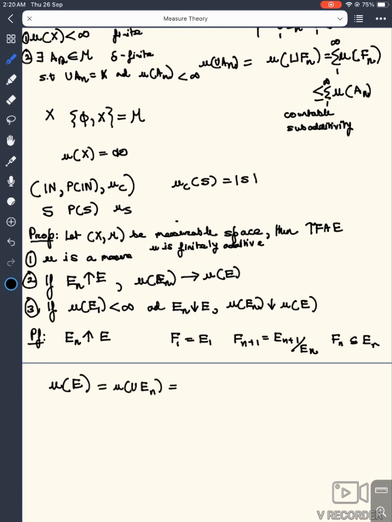So mu of E is equal to mu of union E_n, which equals mu of the disjoint union of F_n, which is the summation from 1 to infinity of mu of F_n since it's a measure. And this is the limit as k tends to infinity of the summation from 1 to k of mu of F_n, which is the limit of mu of E_k.